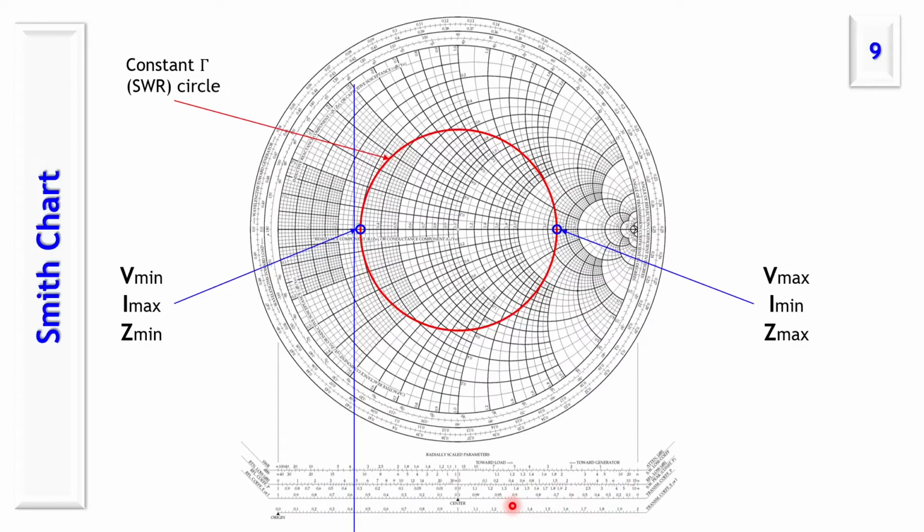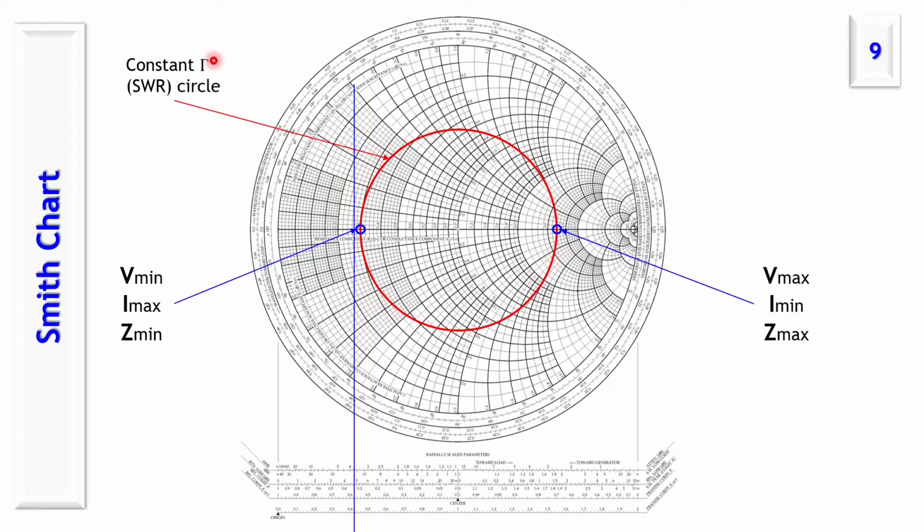So on a Smith chart, if we are representing a certain circle, this circle has a certain reflection coefficient. Constant reflection coefficient corresponds to this red circle. Why? Because this is a circle of constant amplitude. So this is the gamma equal constant circle.